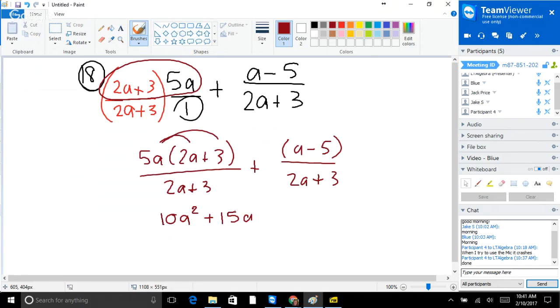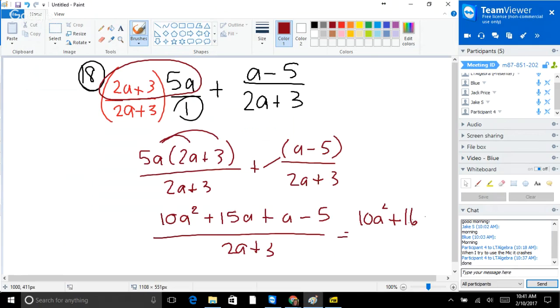And then I'm going to add this plus a minus 5 over 2a plus 3. So I end up with (10a squared plus 16a minus 5) over (2a plus 3). This looks like a total mess, right?